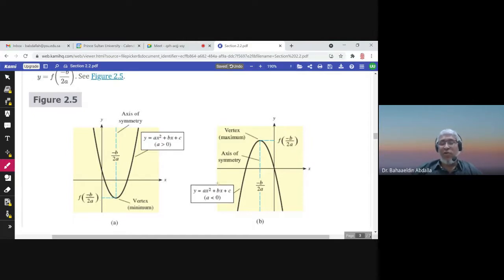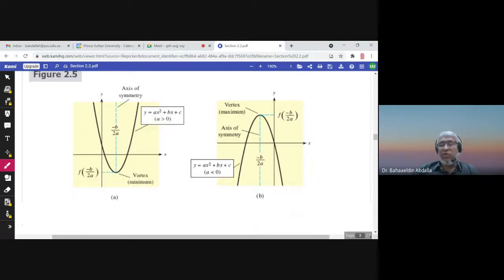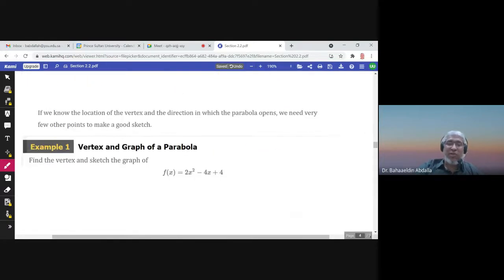If a is less than 0, the parabola opens downwards, and f of negative b over 2a would be the maximum value. Okay, the vertex is the maximum point, but k, the y coordinate of the vertex, is the maximum value in this case. And notice the equation of the axis of symmetry is x equals h, or x equals negative b over 2a.